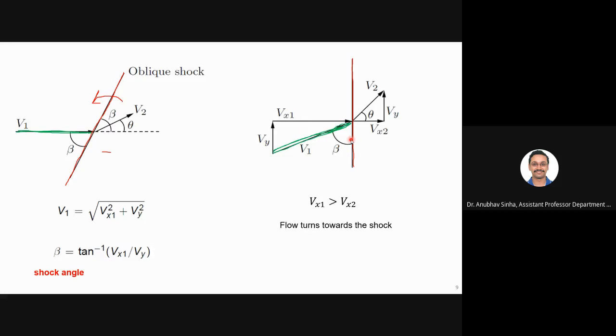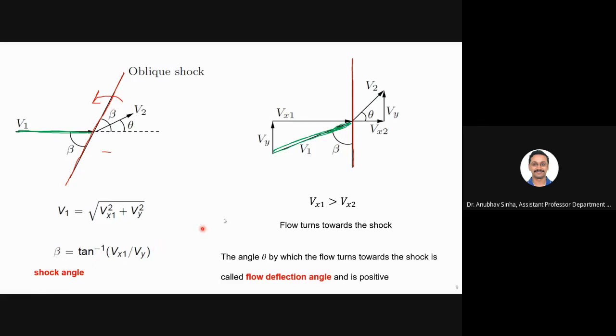Okay, now let us see what we can do. V1 is basically the vector addition of Vx1 and Vy. This is what is shown here, and let us say this is beta. You take the tan of beta, you will get Vx1 by Vy. So tan inverse of this is beta, which is also called the shock angle.